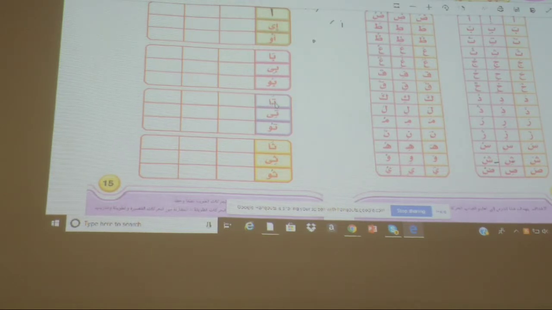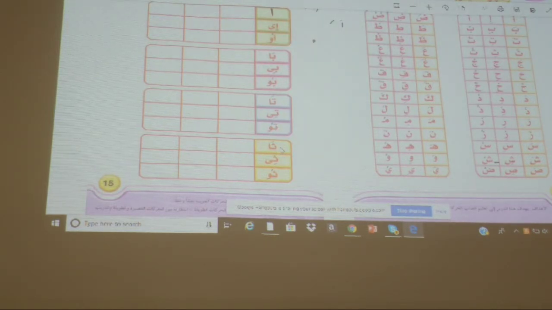So this is the way the ta looks when it connects at the beginning of a word. Okay. The next one: ta, ti, tu.